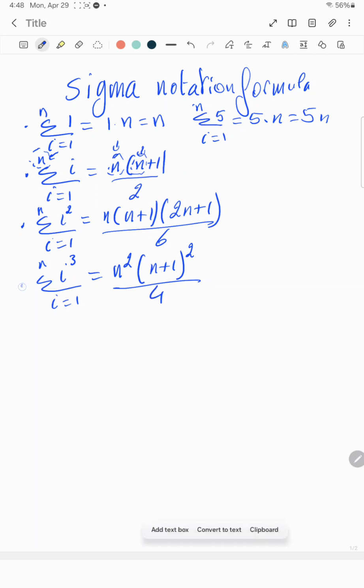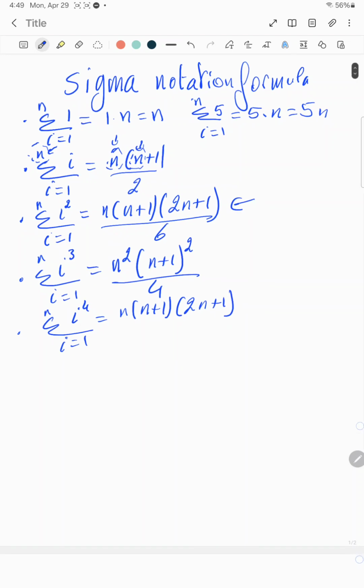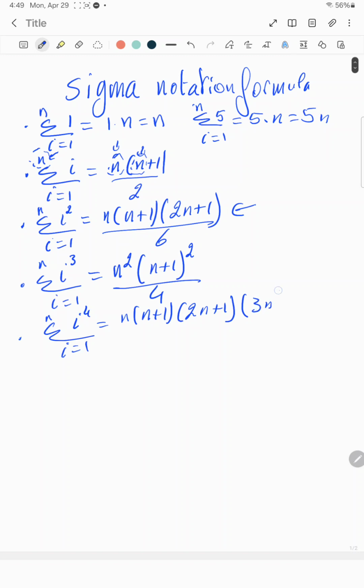My fifth formula, the sum i equal 1 to n of i to the power of 4, is equal to n times n plus 1 times 2n plus 1, but I have to multiply it by 3n squared plus 3n minus 1, and all that is divided by 30.